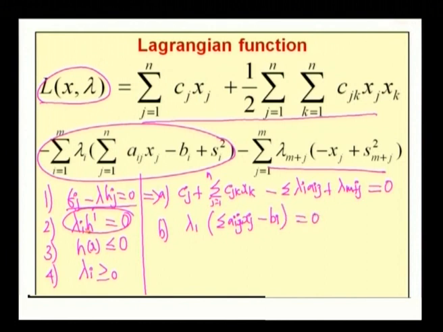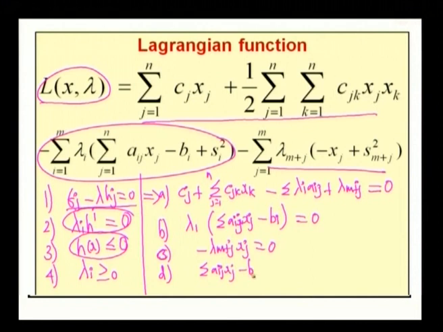The same condition for the non-negativity term gives minus lambda m plus j xj equal to 0. We take this as equation C. Then applying the condition h of x less than or equal to 0 gives summation aij xj minus bi less than or equal to 0. The last condition, which we name E, is lambda i greater than or equal to 0, xj greater than or equal to 0 and lambda m plus j greater than or equal to 0.